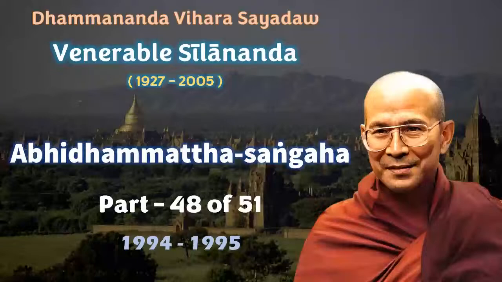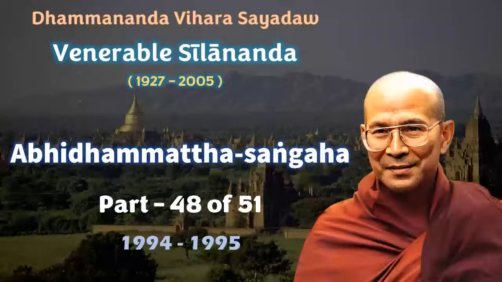And at the moment of patisandhi, rebirth linking, coordination material phenomena means rupa born of karma. So, during lifetime, it means rupa born of citta. But at the moment of patisandhi, it means rupa born of karma.